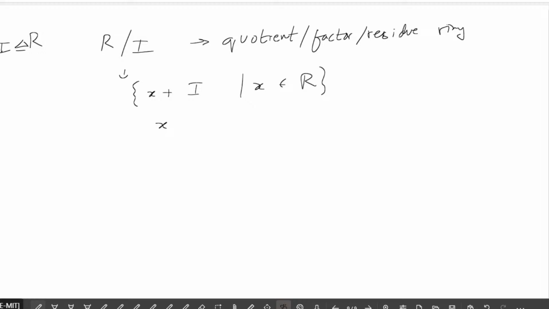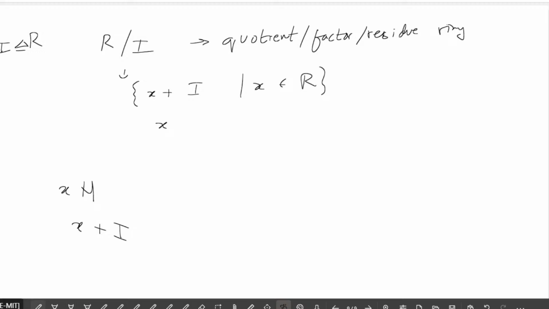And the group operation is addition, right? Normally we would write xH, but because the operation is denoted by plus, we are using x plus I. Okay. So this is just the quotient group. But you can now define a multiplication on it to make it a ring. What is that multiplication?